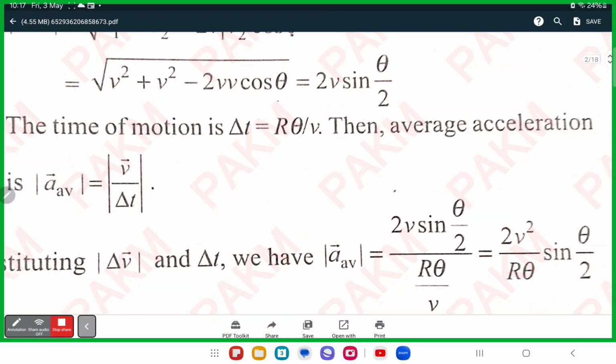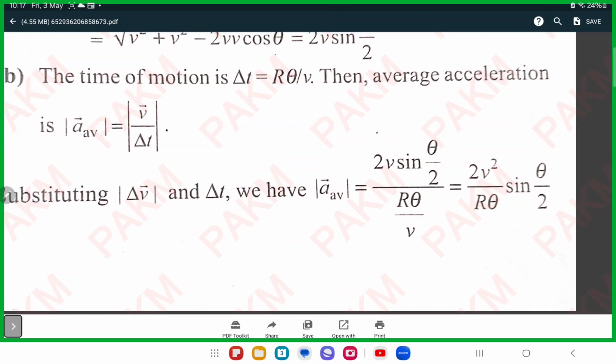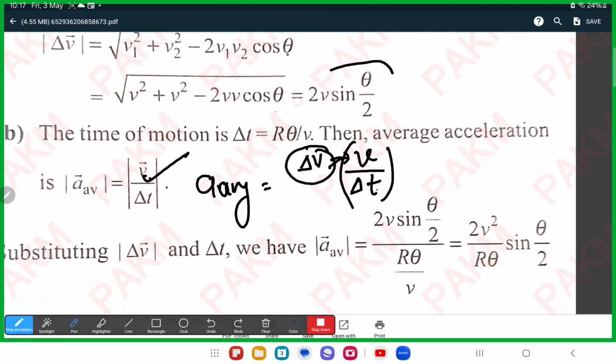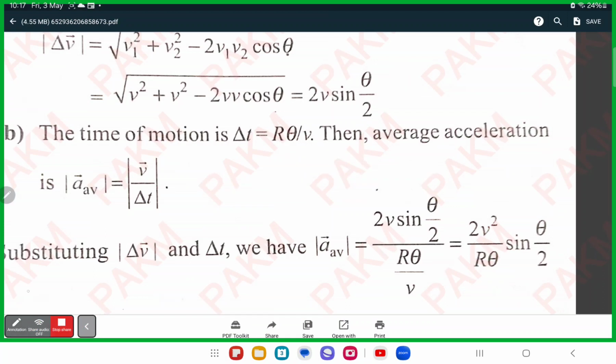Once we substitute, the delta v that we have already calculated in magnitude comes out to be 2v sine theta by 2, upon the time we have calculated. Once we divide it, ultimately we get 2v square sine theta by 2 upon r theta.